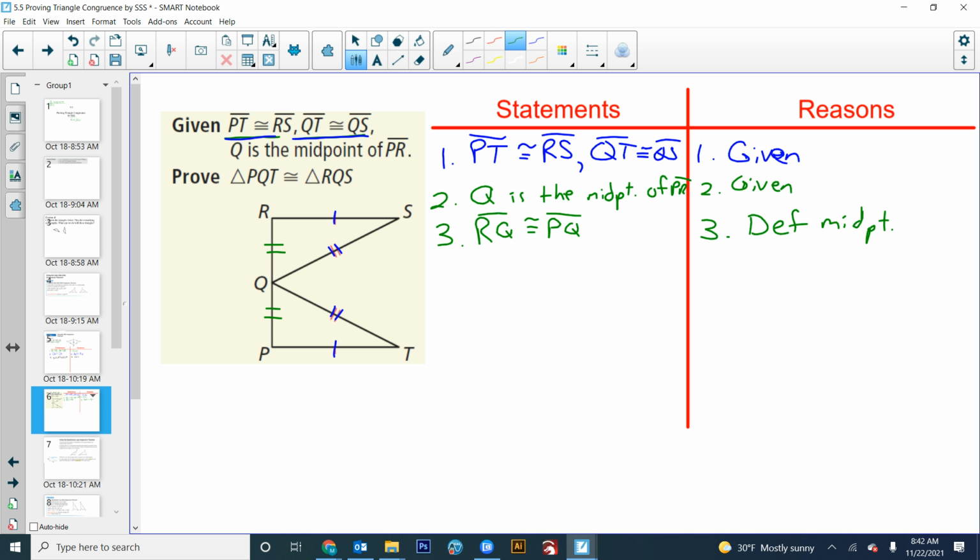You guys all right? You have a question? Definition of midpoint. Can you do angle PQT is congruent to angle RQS from the definition of midpoint? That's a good question. It's worth talking about. Did you hear what she said?